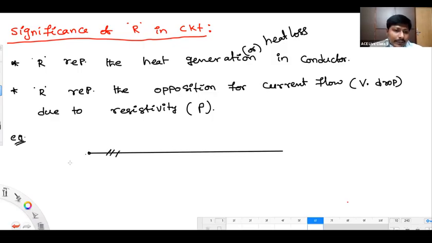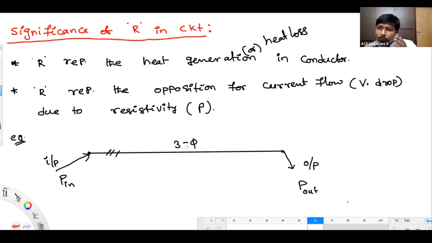And one side you can have input, other side you can have output. Just listen to my words, what I'm saying. We are having some output power like this. We are having some input power, something like this. It's a three-phase line.